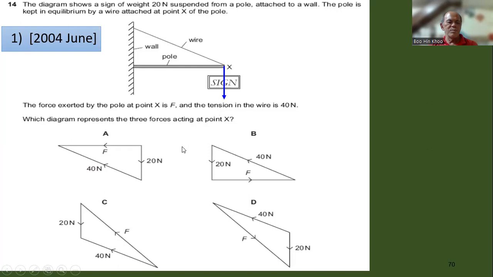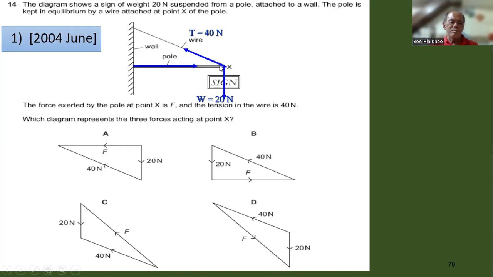So that is the weight of the sign, 20 Newton, pulling vertically downwards there. That's the tension, the wire pulling on the point X, 40 Newton.